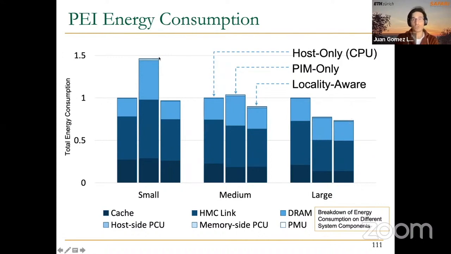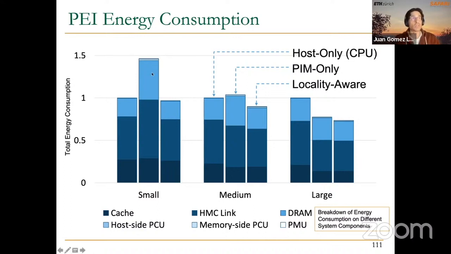Of course, it doesn't make sense to use the processing in memory capabilities if your data set is very small, because if it's very small, very likely it will fit in the cache hierarchy of the CPU or the GPU, so you don't need to go to memory so frequently.